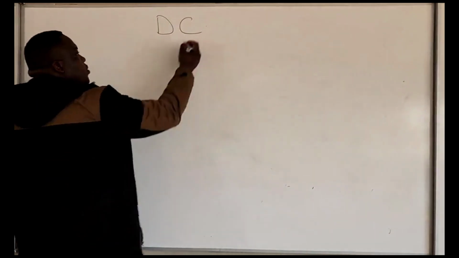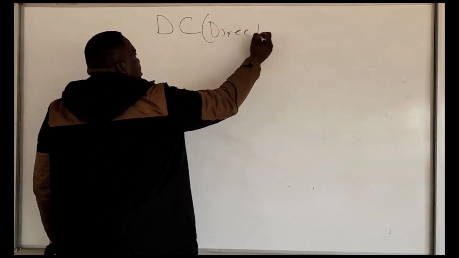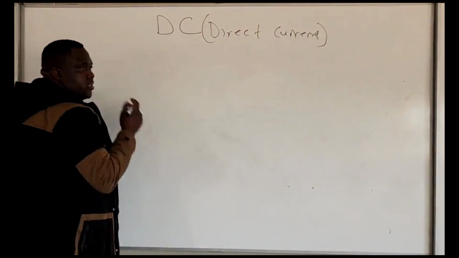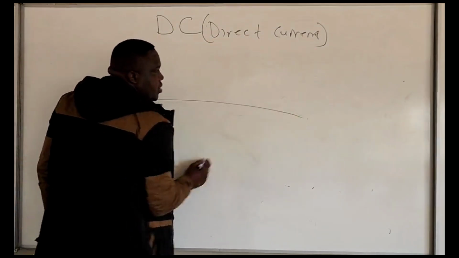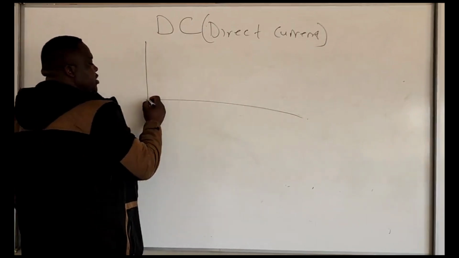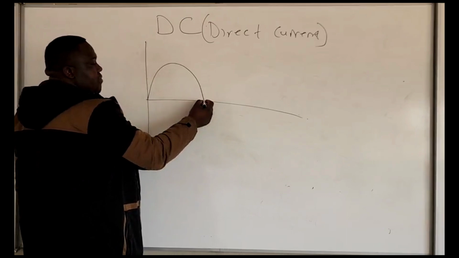The DC, which is direct current. The graph of this one is straightforward. It does not alternate. It moves in the same direction, meaning that if it is for voltage, your graph must be like this.